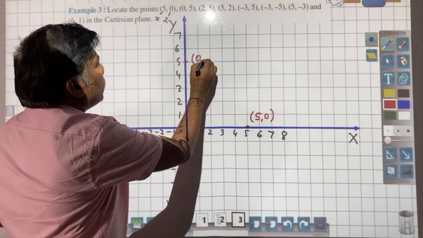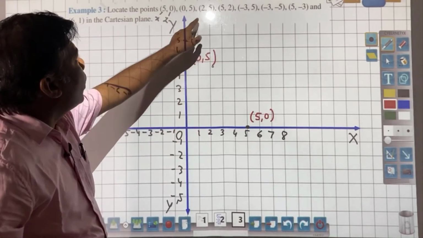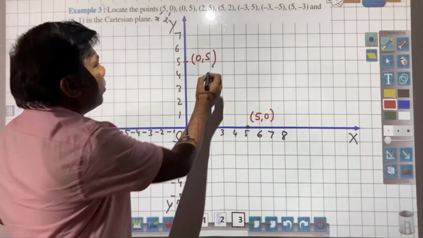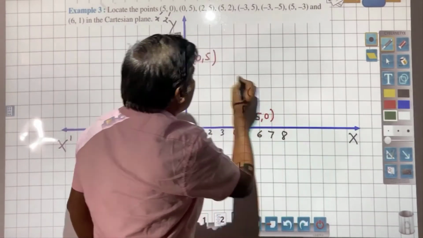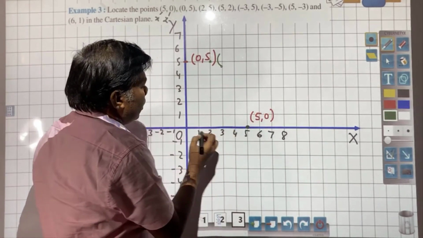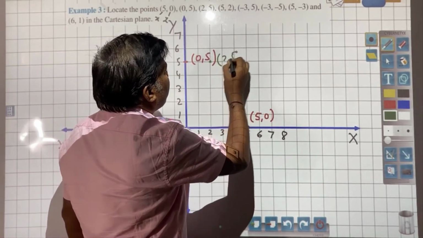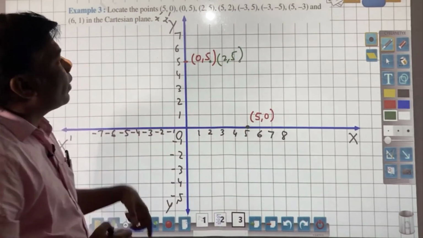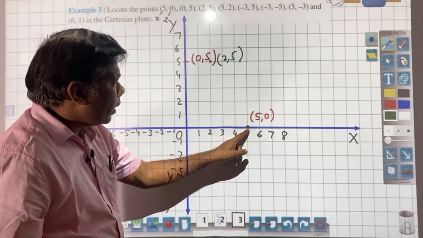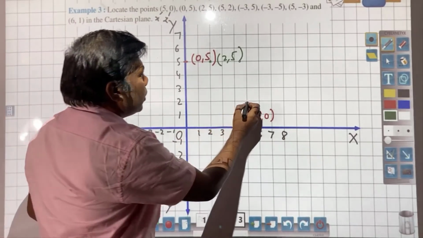So this will be (0, 5). Then you have (2, 5), x is 2 and y is 5, means this point. You will have (2, 5). Then you have (5, 2), which means x is 5 and y is 2.